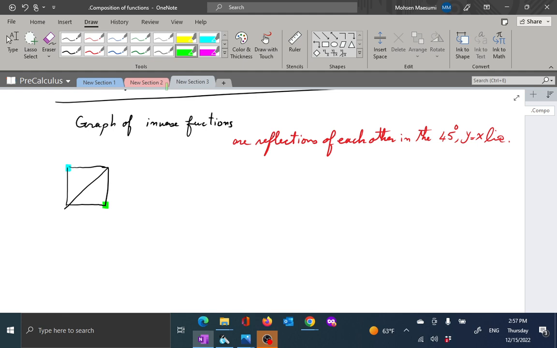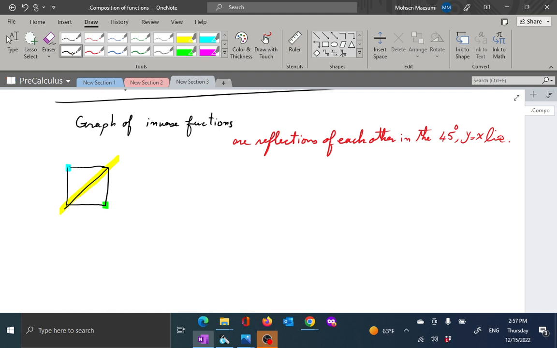In particular, the reflection of this green dot will be that blue dot, and the reflection of the blue dot is this. So this diagonal, we take it to be the mirror. If this is your mirror, then the two other squares at the two corners are reflections of each other.